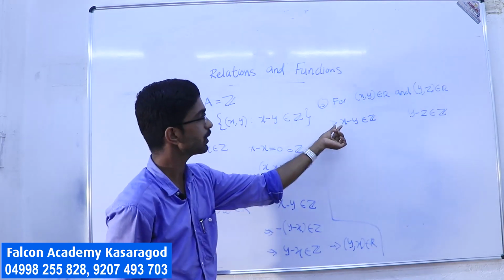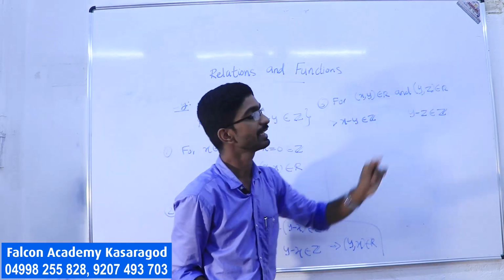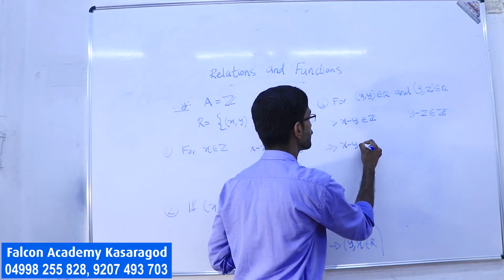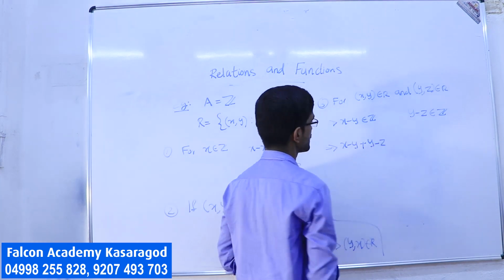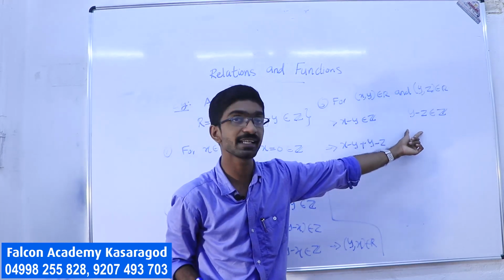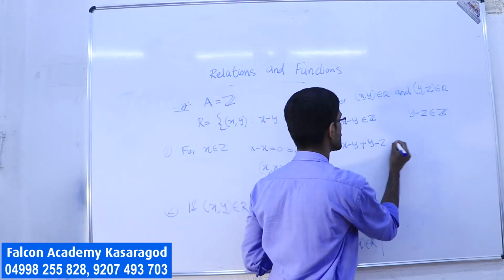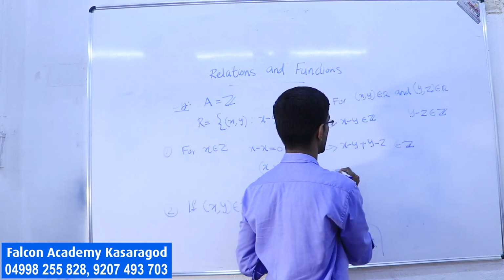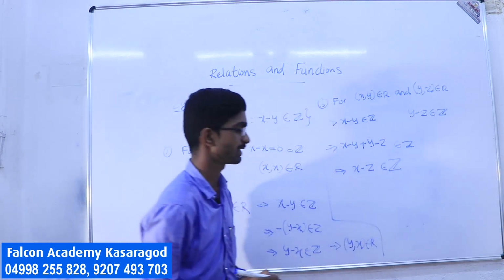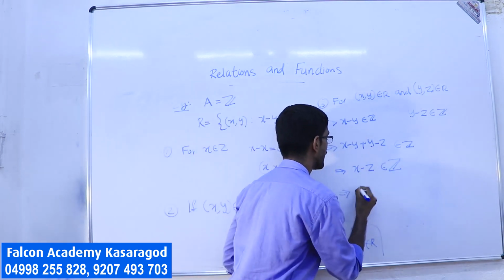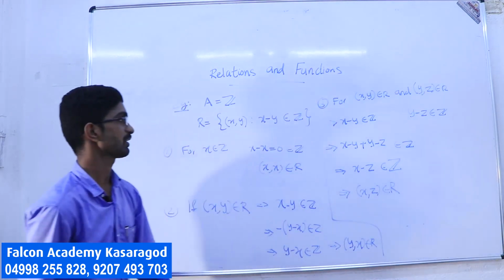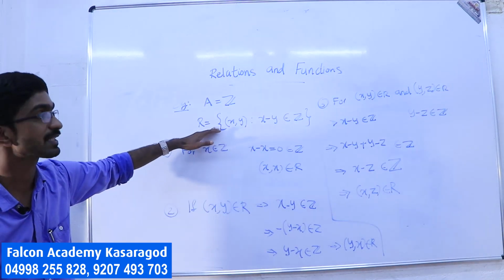Now we have to show x minus z is an integer. Now see, x minus y plus y minus z. This is an integer, this is also an integer. So the sum of integers is again an integer. That shows this belongs to Z. That will give you x minus z belongs to the set of integers. This will show that the element (x, z) is inside the relation R. Thus the given relation R is transitive.